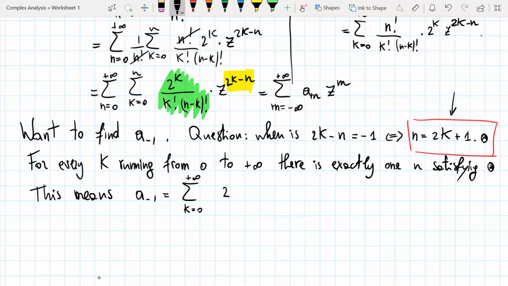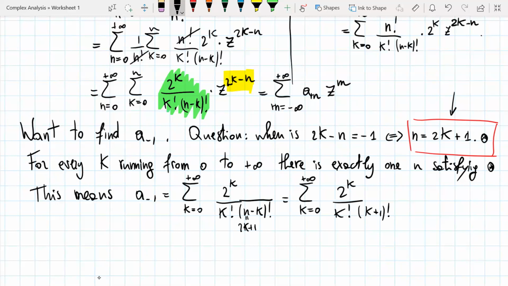Okay, so then I can write here 2 to the k over k factorial, n minus k factorial. But now we have to remember that n satisfies the relation star, so instead of n, I can put 2k plus 1. And so we arrive at the formula that we wanted. k factorial, and then here we get 2k plus 1 minus k, this is k plus 1. So this is the formula that we wanted.